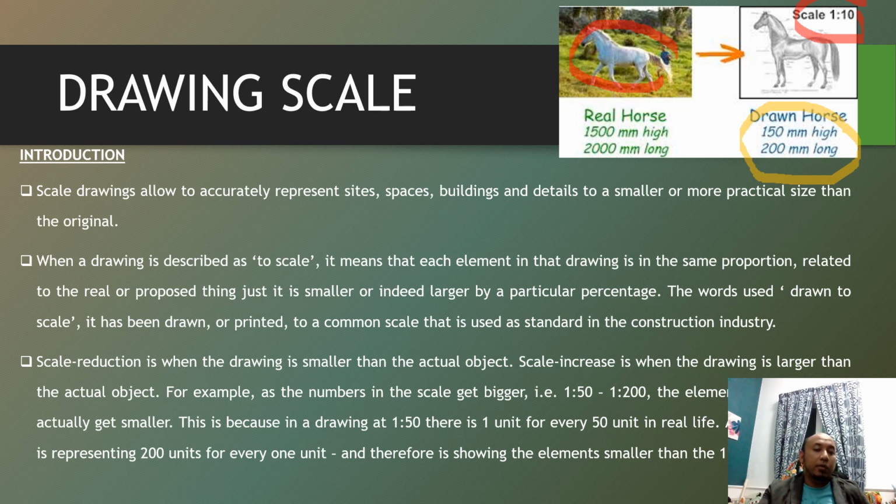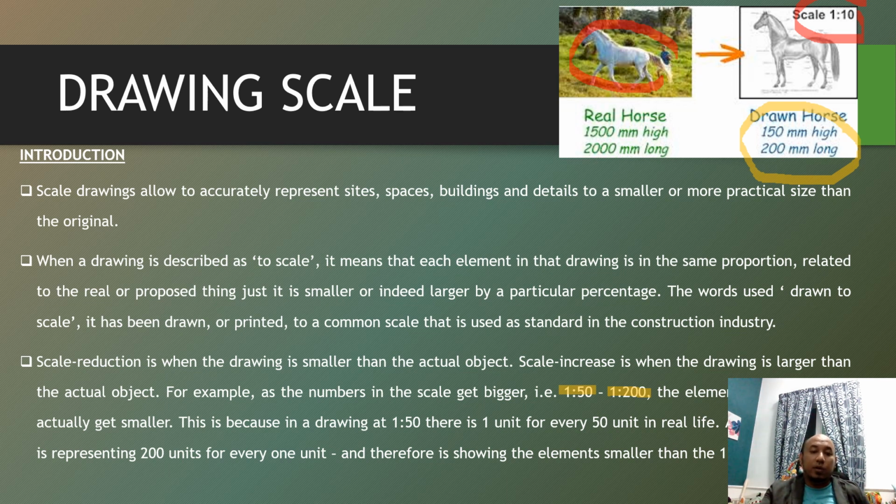The next point: scale reduction is when the drawing is smaller than the actual object. The scale increases when the drawing is larger than the actual object. For example, as the number in the scale gets bigger, for example 1 ratio 50, 1 ratio 200, the elements in the drawing actually get smaller from the original size.